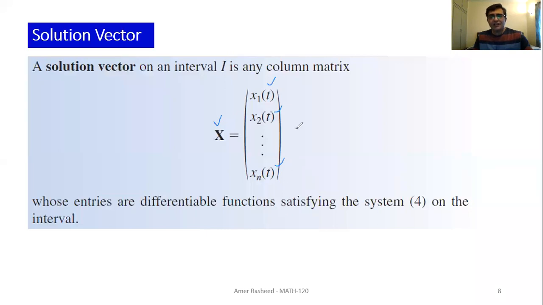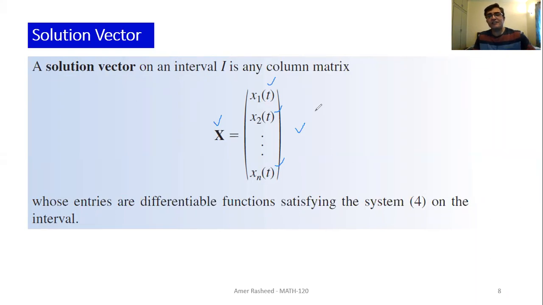If we insert this vector into the first order system, then all the equations are satisfied. This means the solution turns that system into identical equations, as we have discussed for the solution of a simple ordinary differential equation.